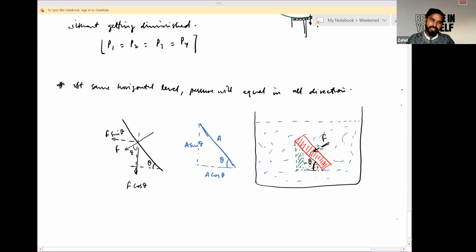Due to this force F acting along this direction, this theta and this theta will be equal.